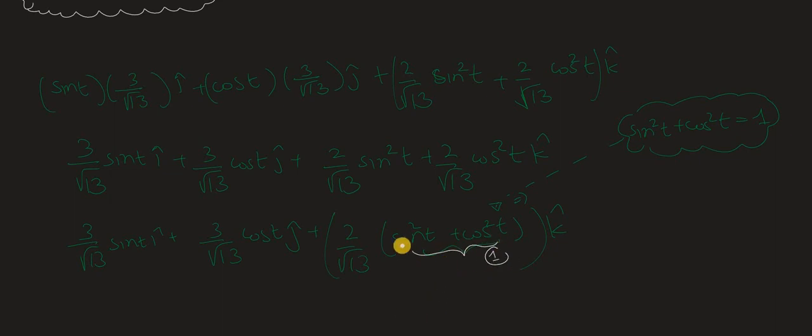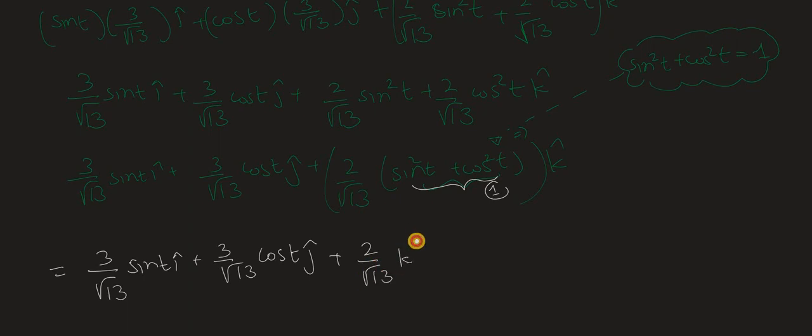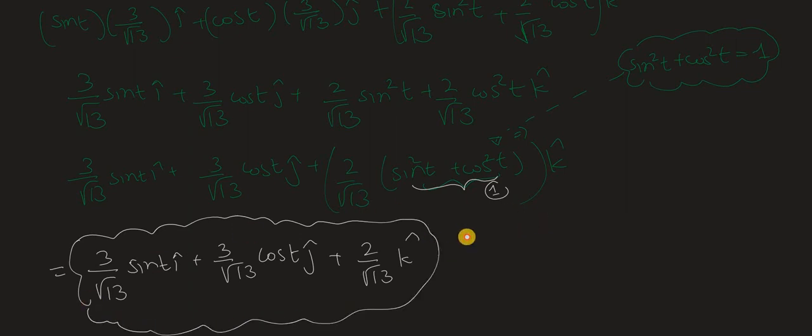So now the final answer for the binormal is 3 over square root of 13 cosine t j hat, and this is going to be replaced with 1, so here we're only left with 2 over square root of 13 k hat. Okay, so this is the answer for the binormal vector.